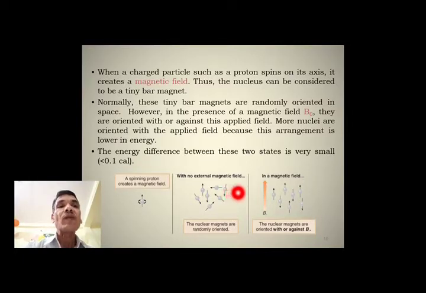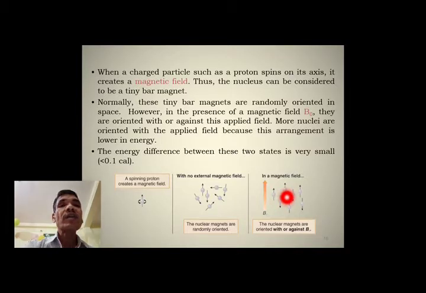But when the same nuclei come under the influence of the externally applied magnetic field B0, the nuclear magnets are oriented with or parallel to the externally applied magnetic field. Otherwise, they may orient in the anti-clockwise direction or against the direction of the externally applied magnetic field.